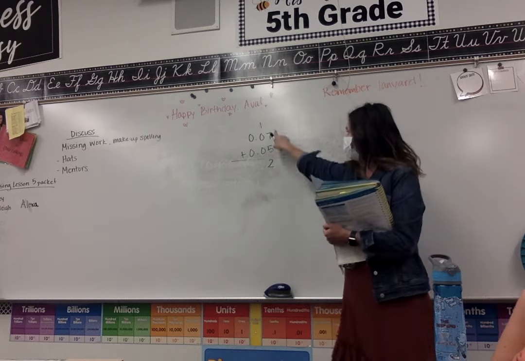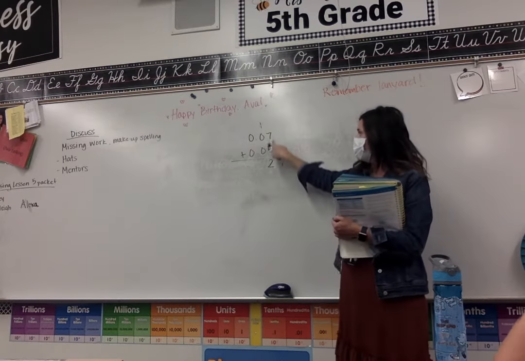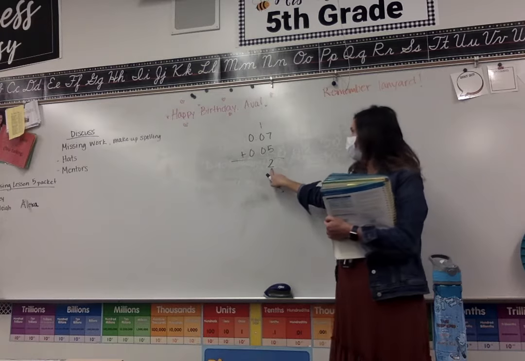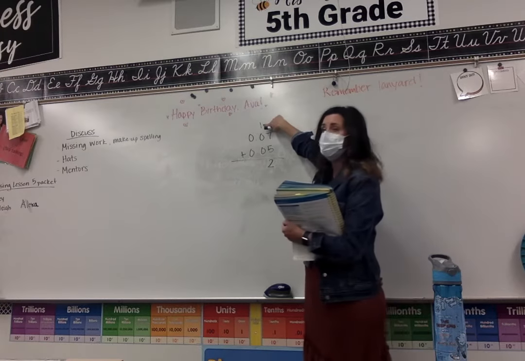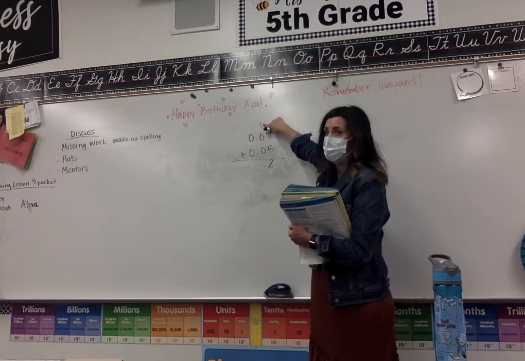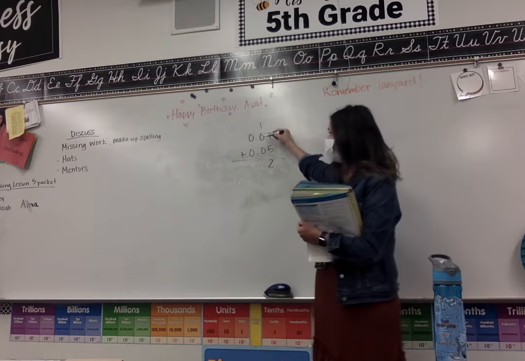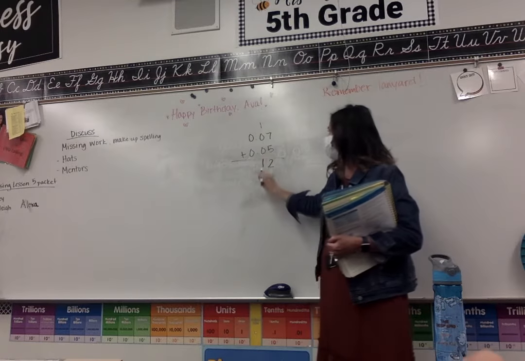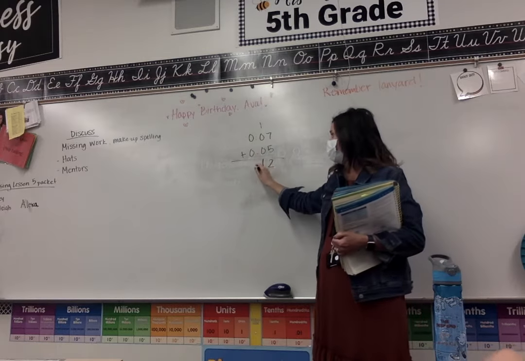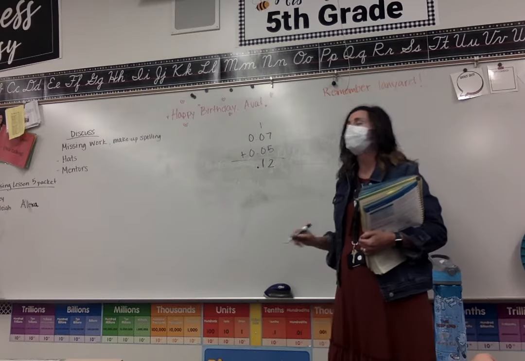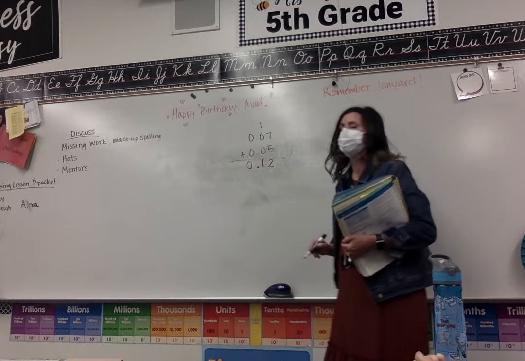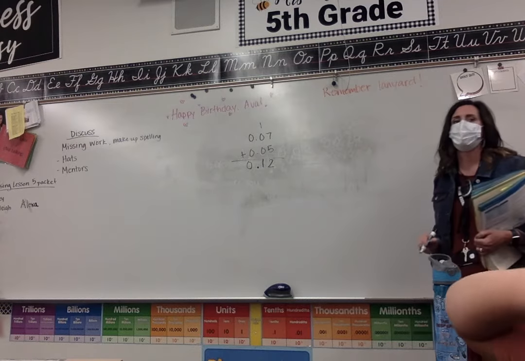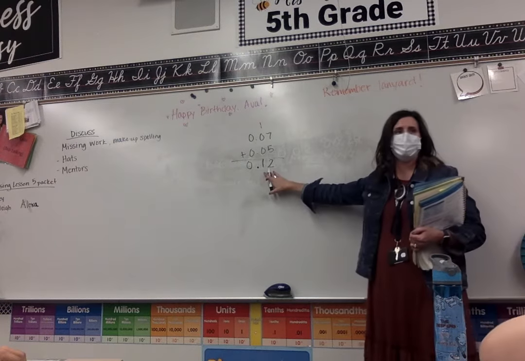So make sure that the 2 goes right underneath the 7 plus 5. The 1 goes up to the next place. Okay? So now I've got 1 plus 0 plus 0. What's that? 1. Our 1 goes right here. Then we bring down our decimal point and we put our 0, because we have good math manners. There we go. Okay, so did you see how we did that one?